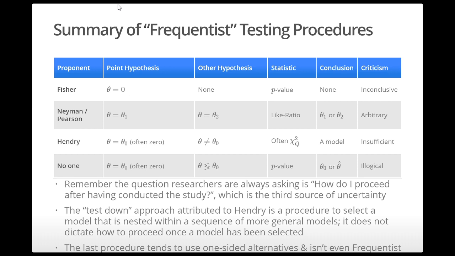And we want to continue to think about, well, how do I proceed after having conducted the study? You're basically proceeding as if your posterior distribution represents your current state of beliefs about the parameters, and proceeding with the same probabilistic form of inference that got you to this point in terms of evaluating the utility or the substantive implications of a theory, but it's not going to be based on just one point.